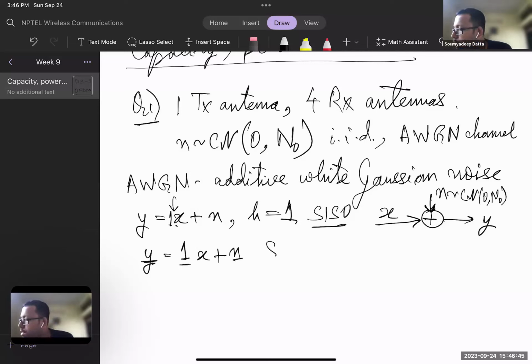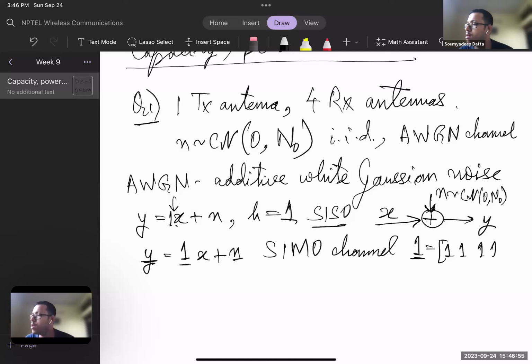Here the 1 vector is nothing but the vector of ones, 1, 1, 1, 1 transpose, and the noise vector is just each of these terms. It's again 4 cross 1. At your RX you have 4 antennas, so you receive a 4 cross 1 symbol.